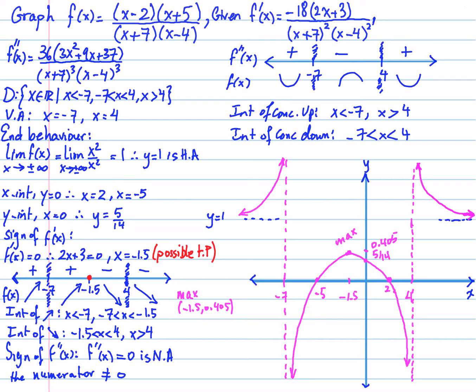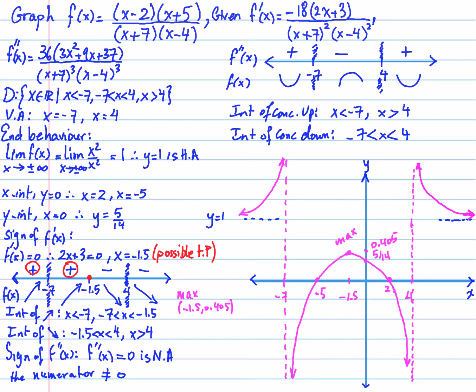And there is a negative coefficient here, so negative with a negative will make a positive value, and therefore this sign here becomes positive. Now, x equals negative 7 is an even restriction, so the sign stays the same, positive.